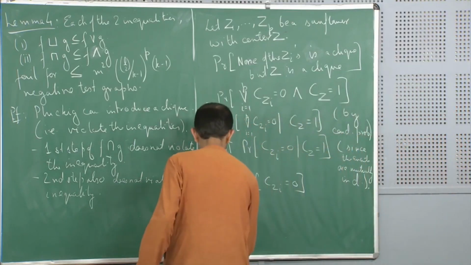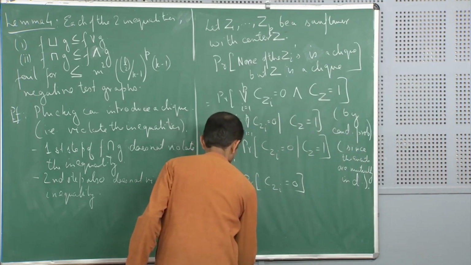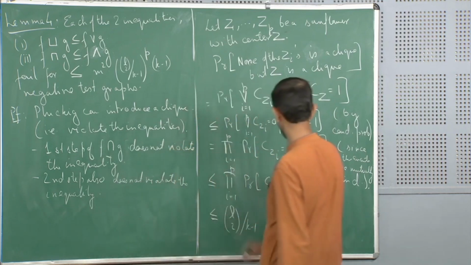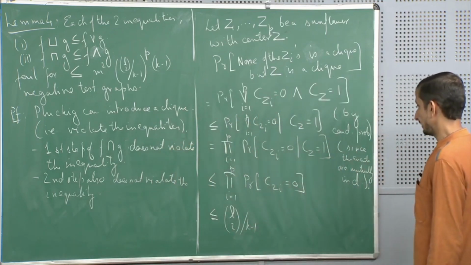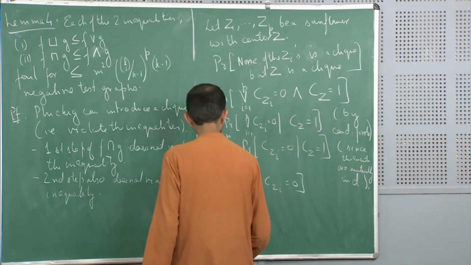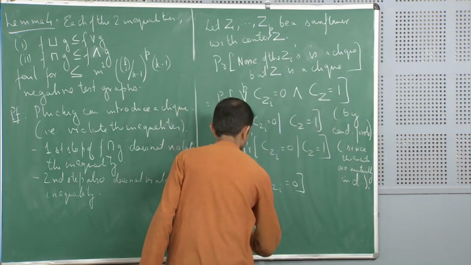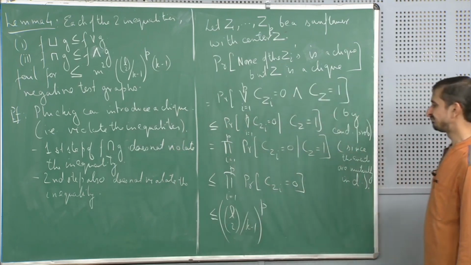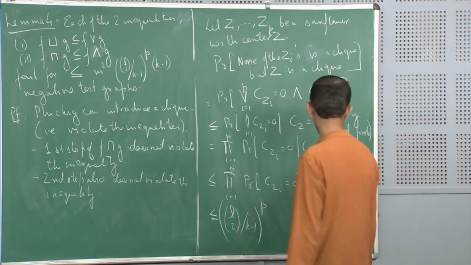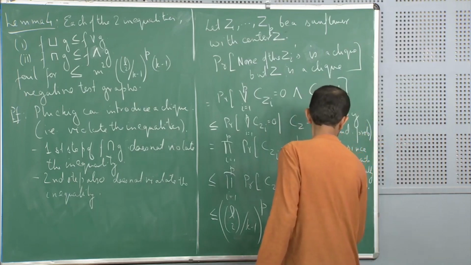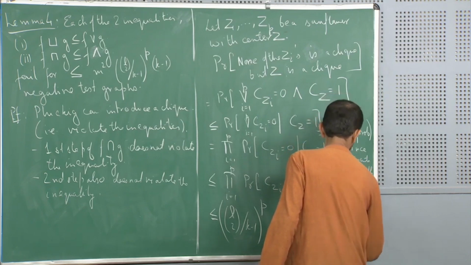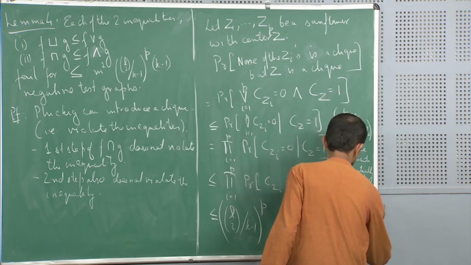So this is at most L choose 2 divided by k minus 1. Now I am taking this product p times, so this is whole to the power p. This follows by negative correlation.